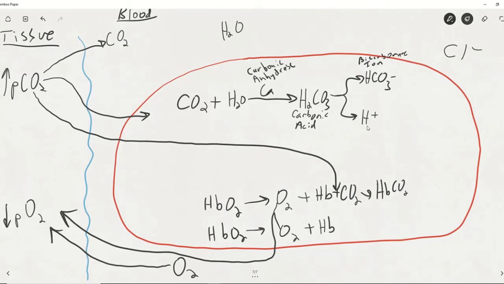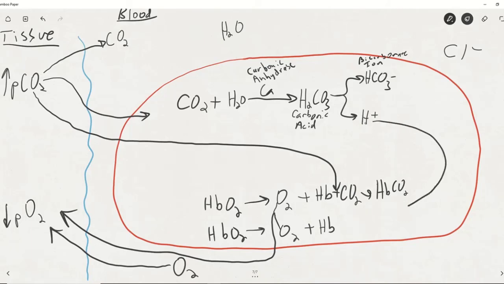So we need something to resist pH change. What do we call something that resists pH change? A buffer. Are there any buffers in this erythrocyte? Think back to the very first lecture of the semester, or maybe the second. Hemoglobin is a buffer. So as H+ is building up, hemoglobin is going to do its job.